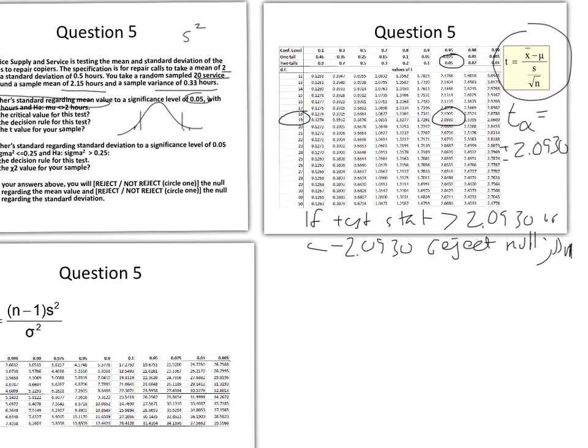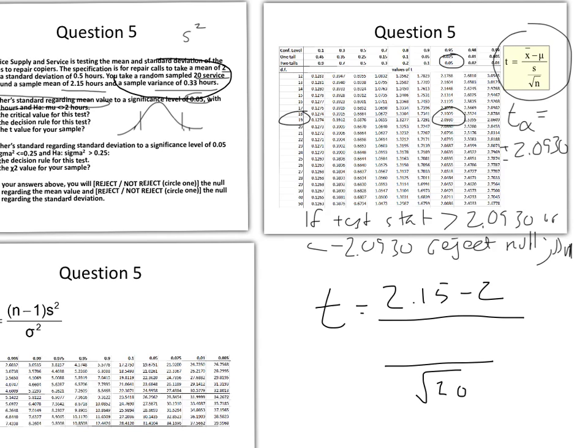So we have x bar minus mu, and we know from the problem that our test statistic is going to be 2.15 minus 2. 2 is from our hypothesis statements, right, of 2 hours or not equal to 2 hours. And then we're going to have s over the square root of n. Square root of n will be 20. Now, recall, here we have the sample variance of 0.33.